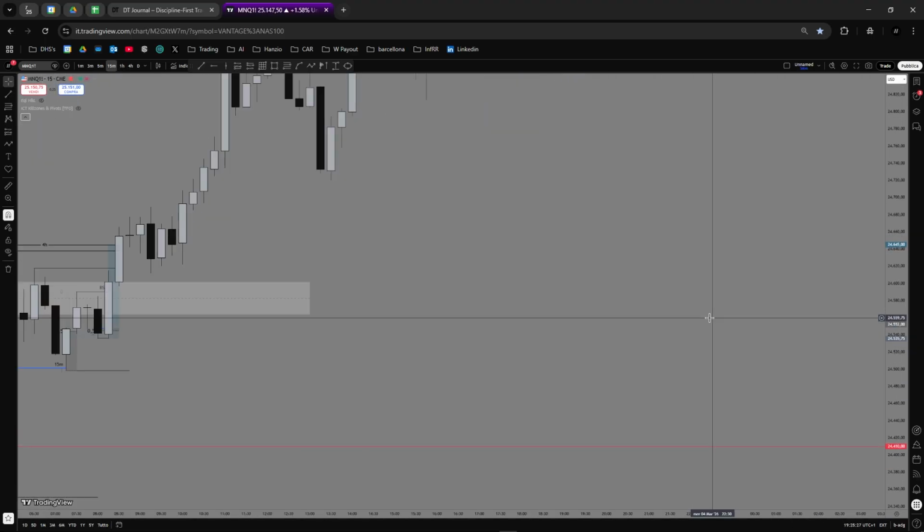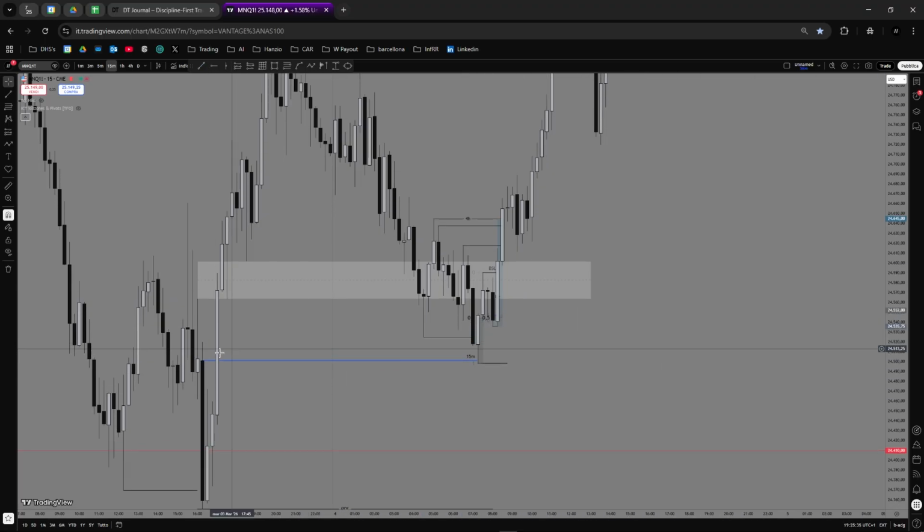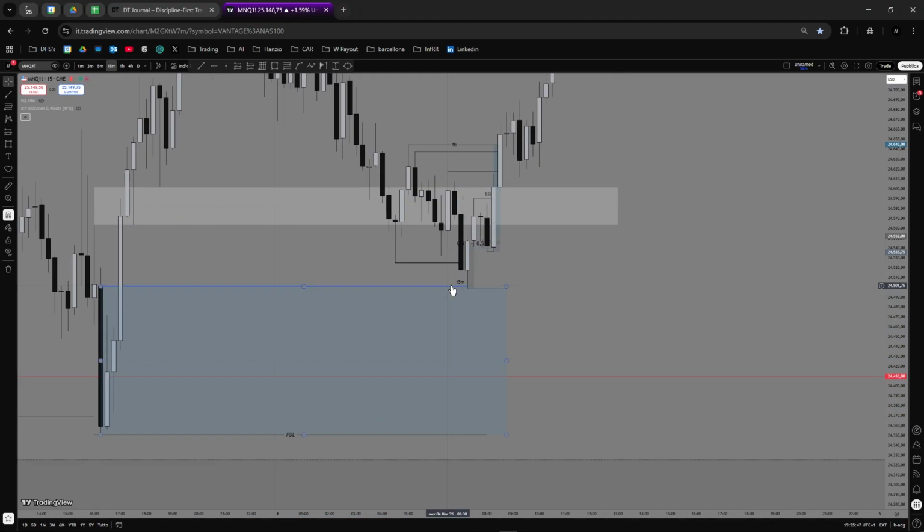Going into the 50 minute, what I saw was an internal manipulation here into this 50-minute order block, the last down close candle. Let me use this blue, with this CSD level line here.